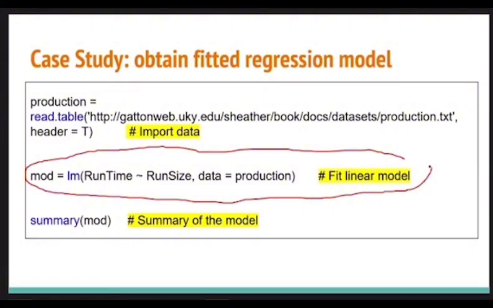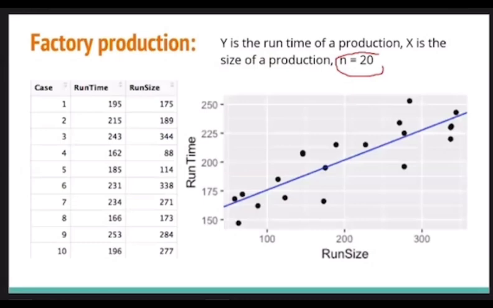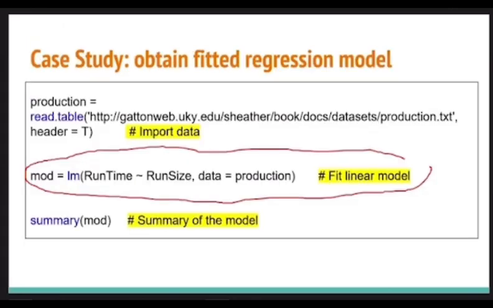The very first thing you write is your response variable. When we started, we called run time Y. The examiner is going to give you what Y represents and what X represents. So in the R code, you always write the response first.